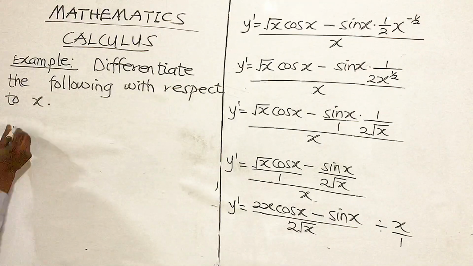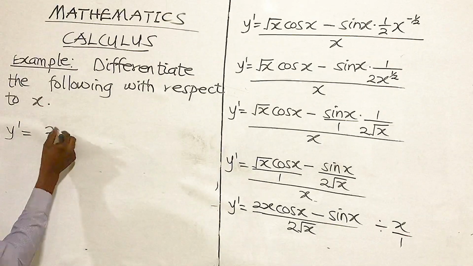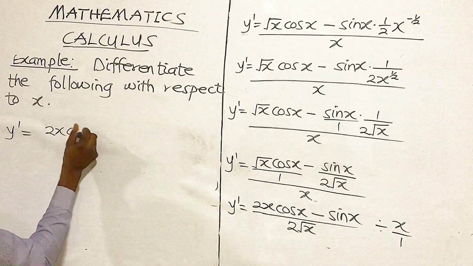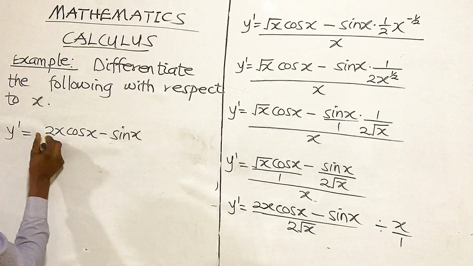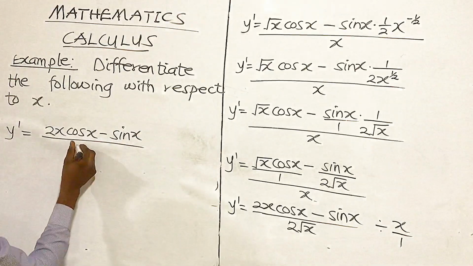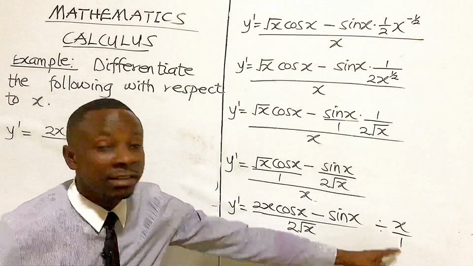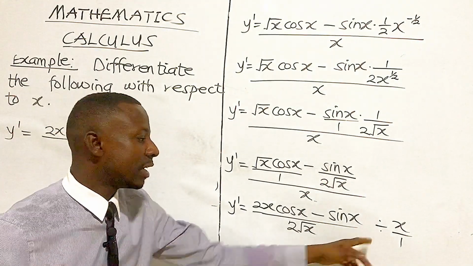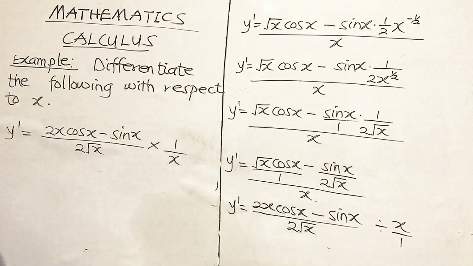So now we have y prime equal to (2x cos x minus sine x) all over 2 root x. Because it is dividing x over 1, we can change it to 1 over x.